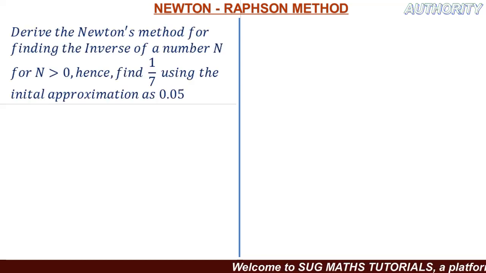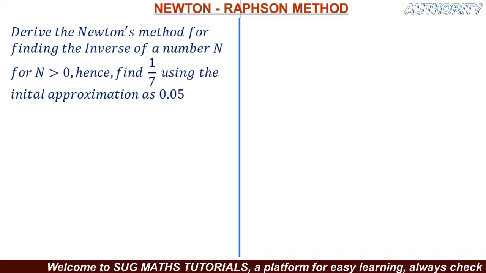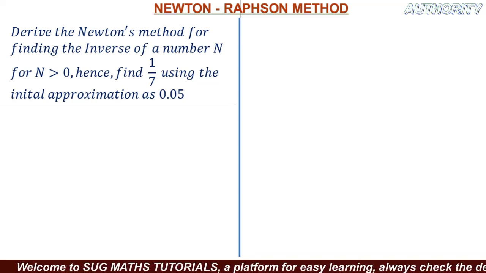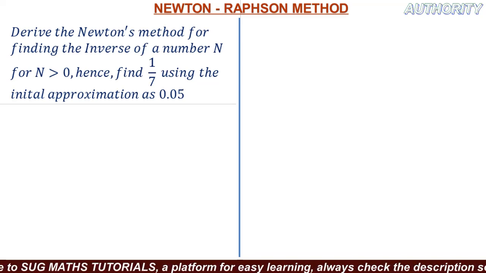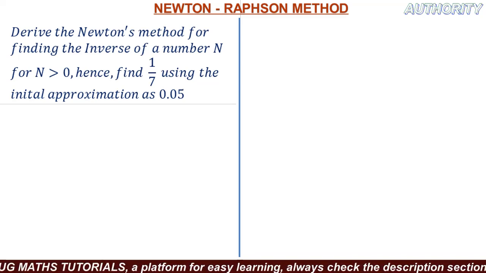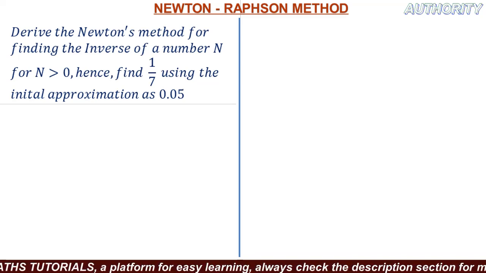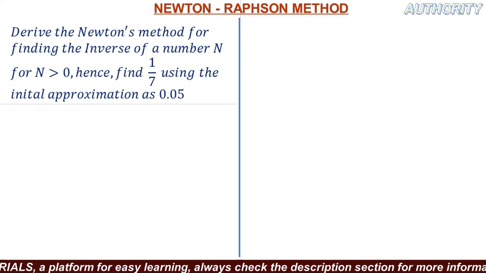We have derived Newton's method for finding the inverse of a positive number, or 1 all over n, where n is greater than 0. Then hence find the inverse of 7, or 1 all over 7, using the initial approximation as 0.05.